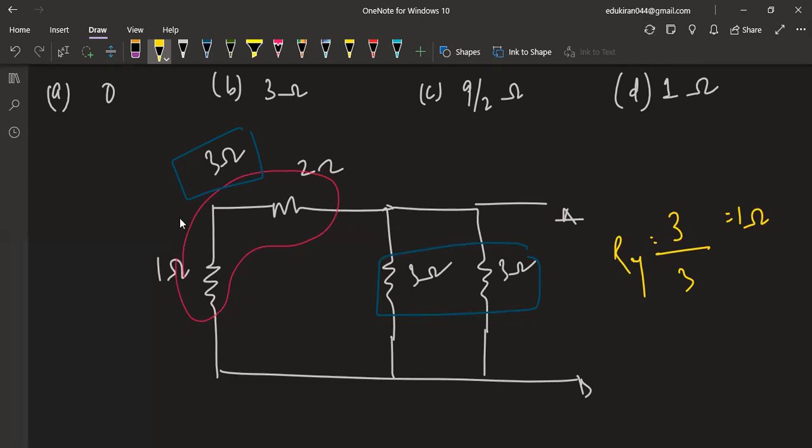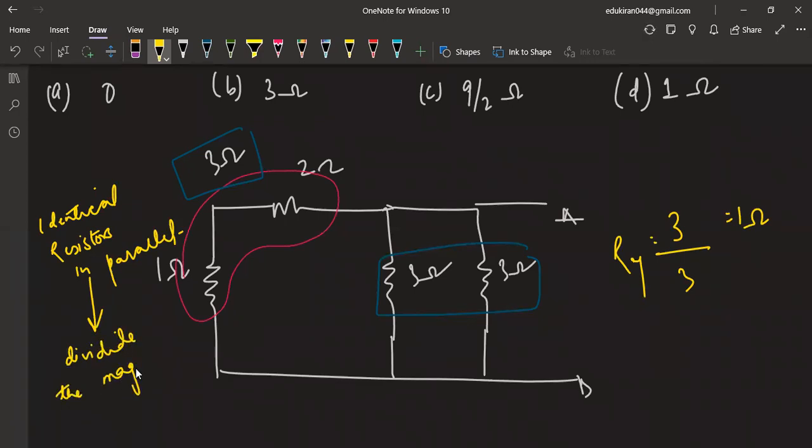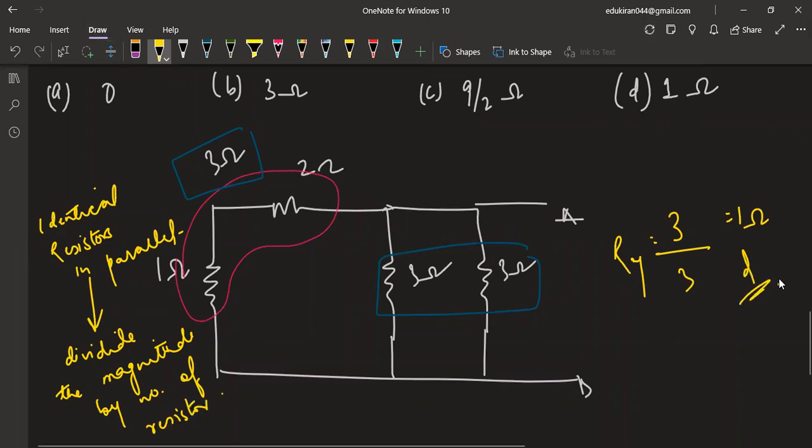I'm repeating this for the second time: whenever you have identical resistors in parallel, divide the magnitude by the number of resistors present. That's it. So D option is right. Noted down.